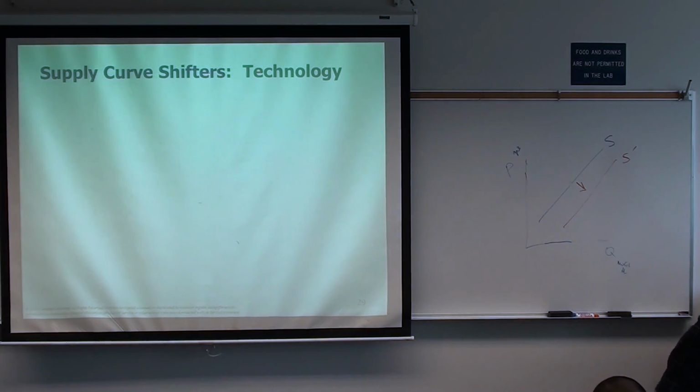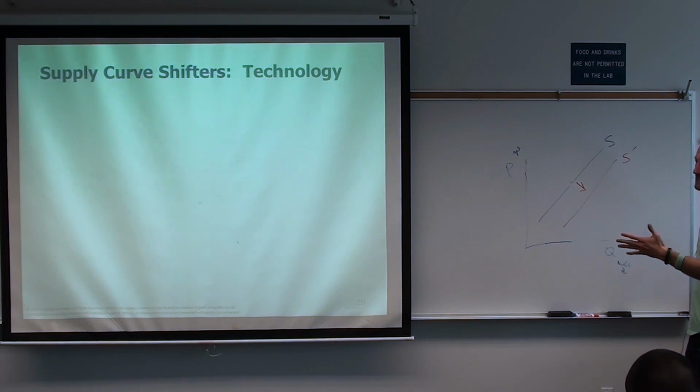So another one, technology. I'm a firm, and I'm producing things. If I can suddenly produce whatever it is that I'm making with a more efficient output process, there's less waste, I'm able to sell more for any price that I'm told.